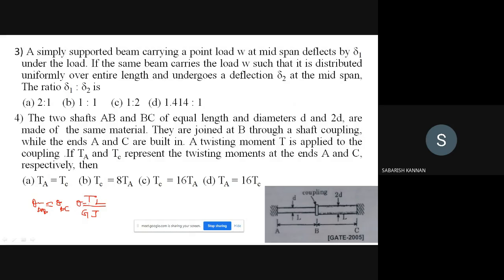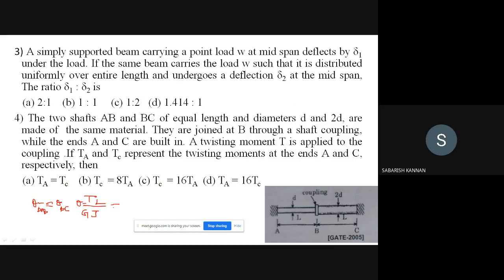Theta equal to TL divided by GJ, right? So now coming back to our topic, here the theta value is same. So substitute theta AB, we want to know the torsion at A and torsion at C, right?